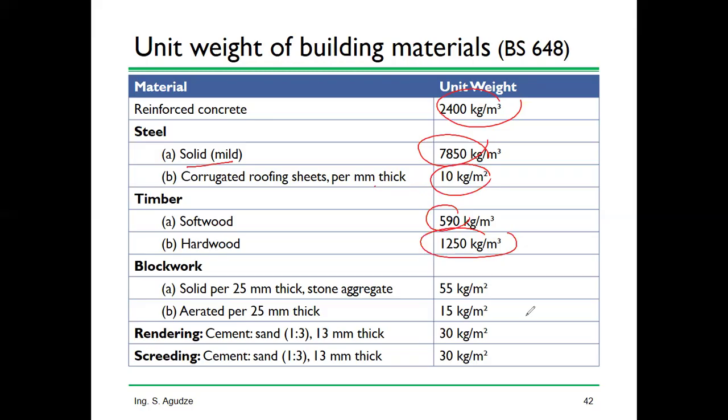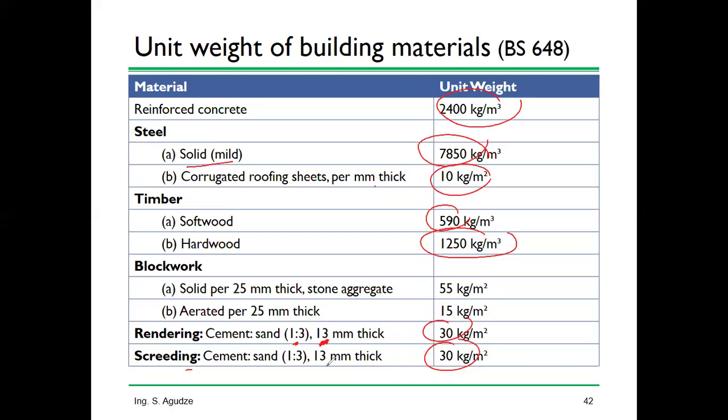So in that code, there are several materials listed and their weight. And you see rendering, if it's 1:3, 30 meter cube, this is the weight. And screeding, this is the weight. Terrazzo, tiling finish, all of them are there.